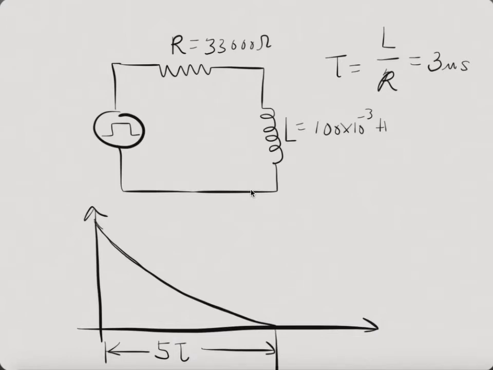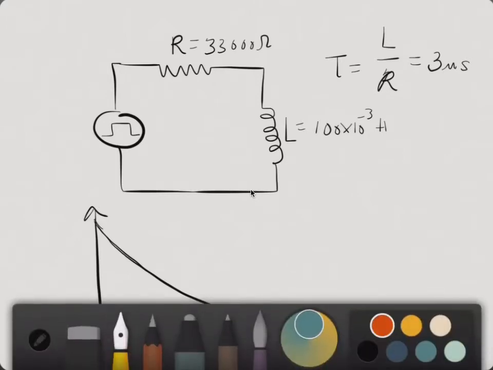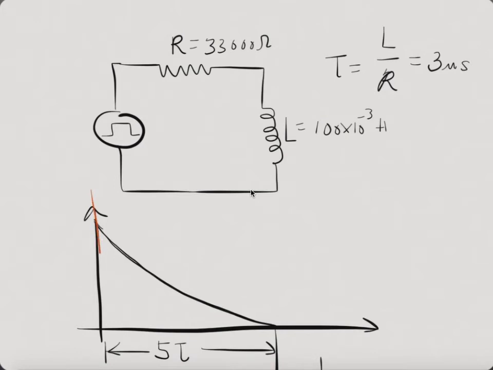So what we'll do is we will measure what's happening between here, and whatever that number is, we'll divide it by 5 in order to find the time constant. So let's just say that this is some number here, and we're going to divide that number by 5 to see how well it corresponds to our time constant.